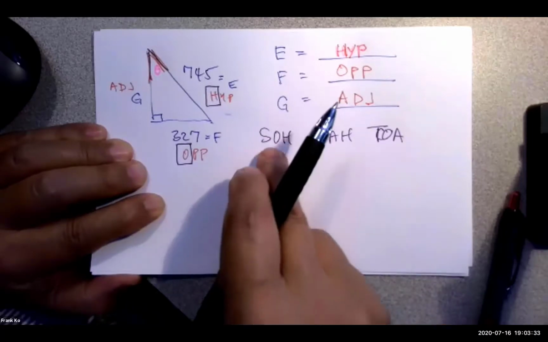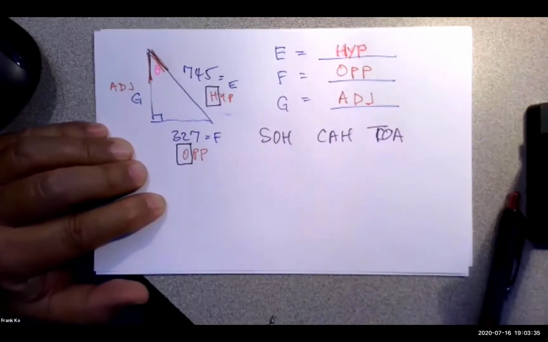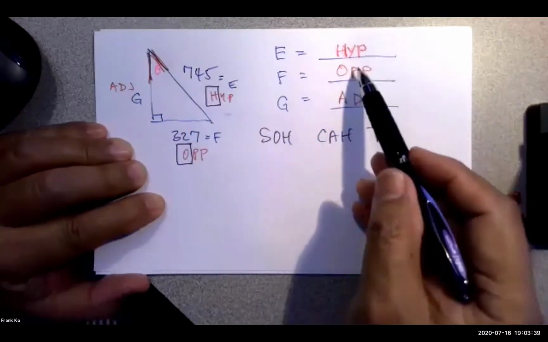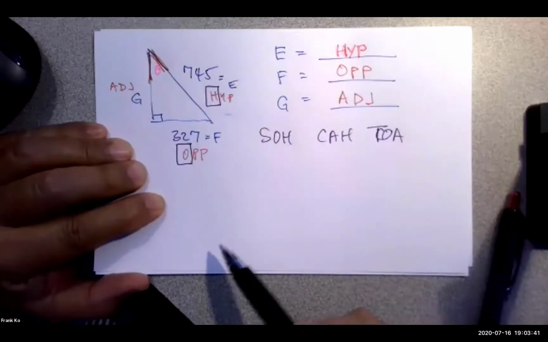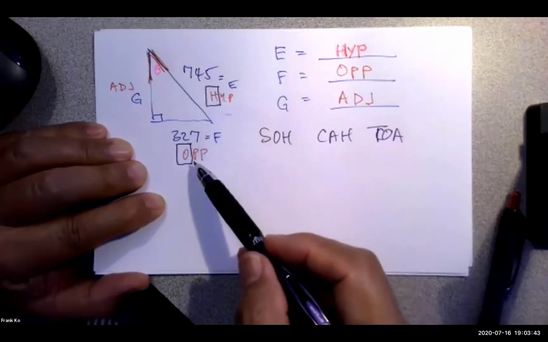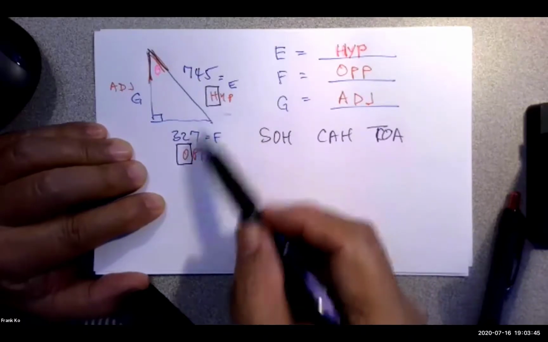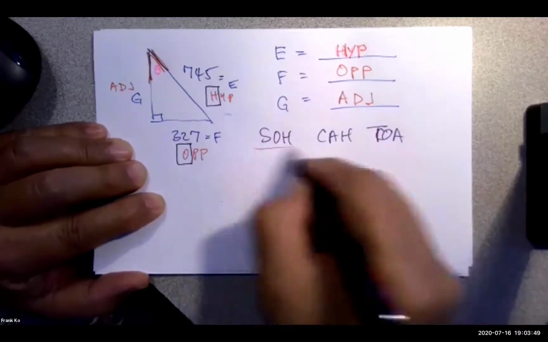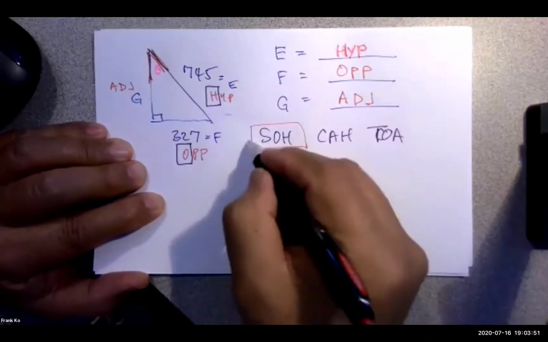That's how you determine which trig function to use, by your givens and by your assignment of the names of the sides. You assigned hypotenuse, you assigned opposite, you look at the first letters, you're going to be using sine. What does that tell us?